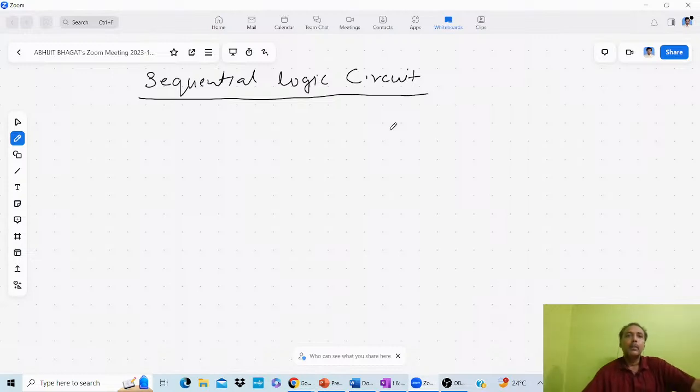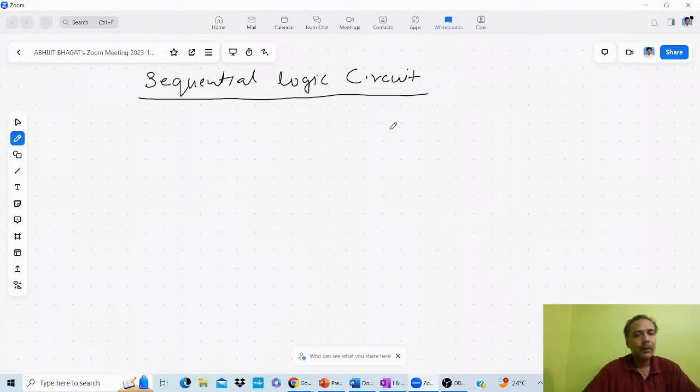In case of sequential logic circuit, in some cases a separate memory element is also used, which can store the output and which is used as per requirement at different times. So these are the differences between combinational and sequential logic circuits.